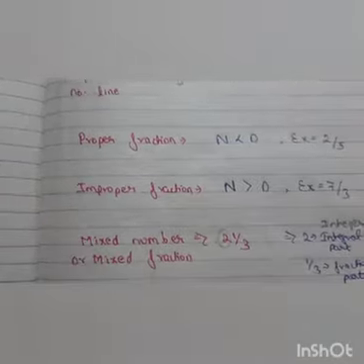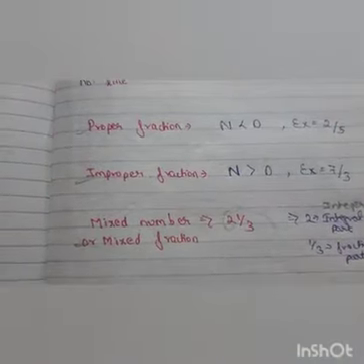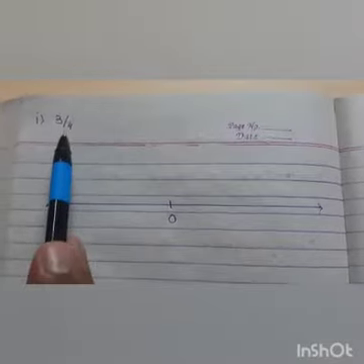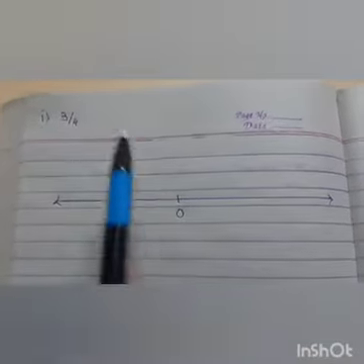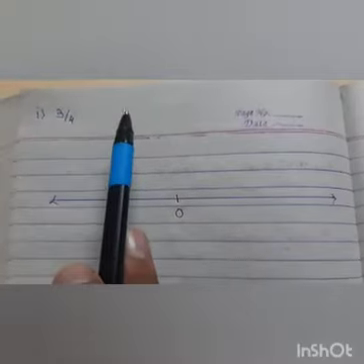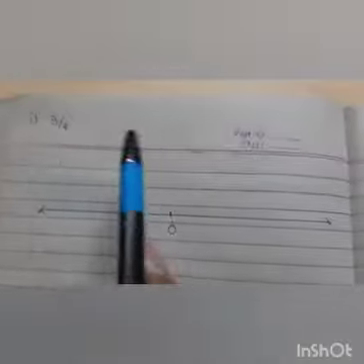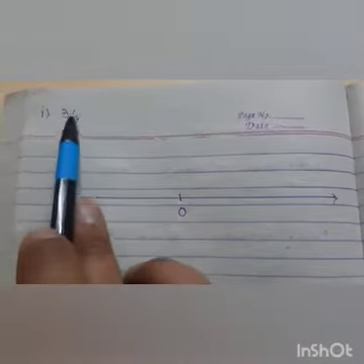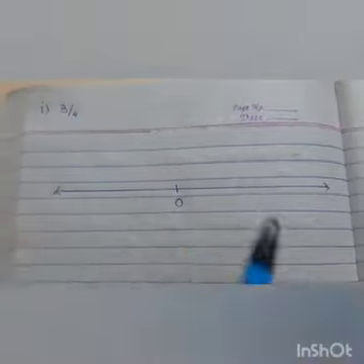Now let's see how to represent all these three forms on a number line. For example, the question is given, represent 3 by 4 on the number line. First thing, this 3 by 4, what is it? Is it a proper fraction, improper fraction or a mixed fraction? It is a proper fraction. Why? Because the value of the numerator is less than the denominator.